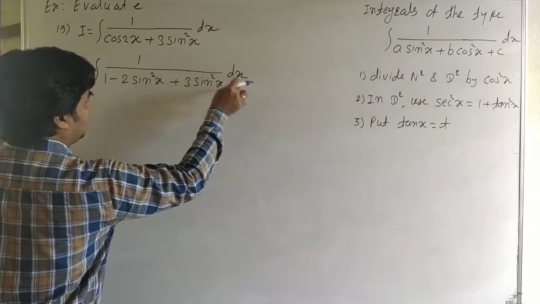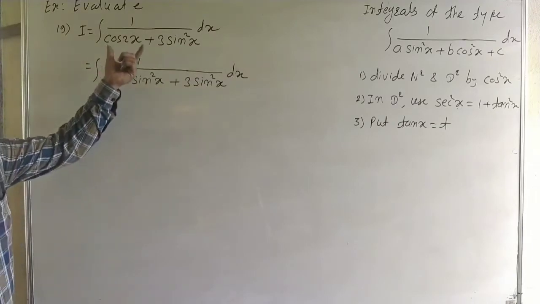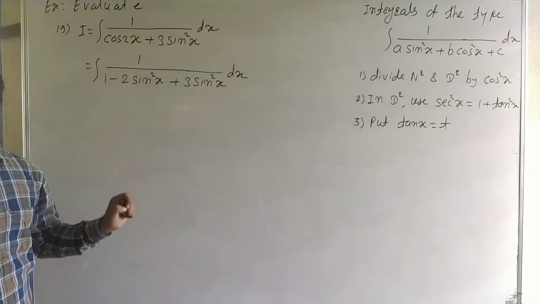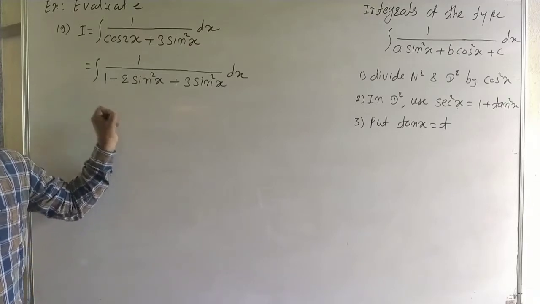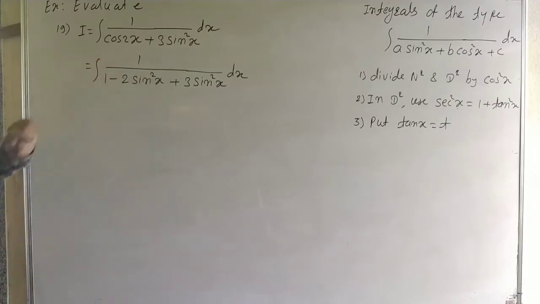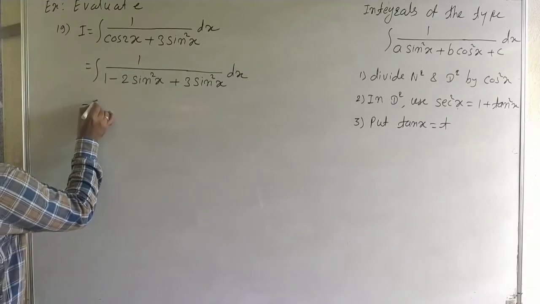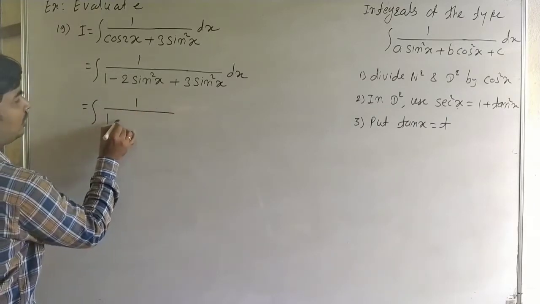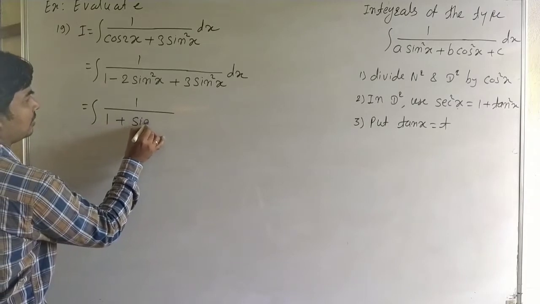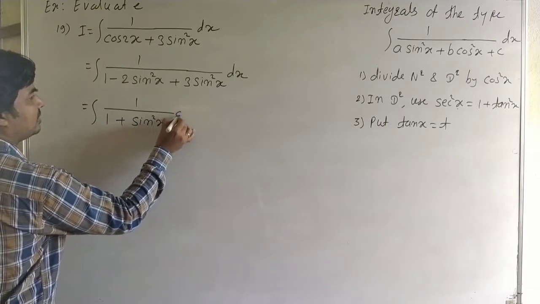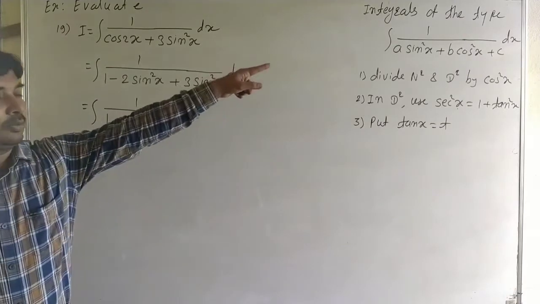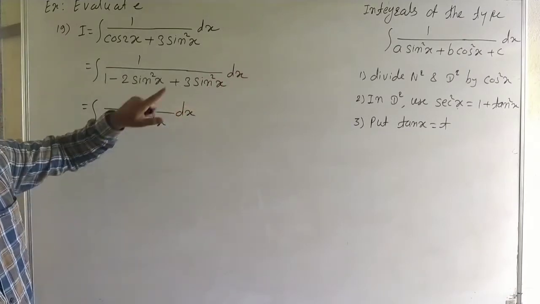See carefully this. It is the formula of cos 2x, 1 minus 2 sin square x. Then it is 1 upon 1 plus sin square x dx.